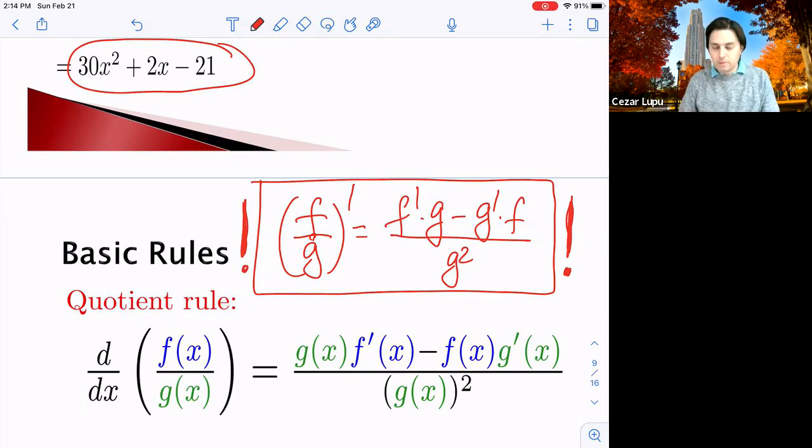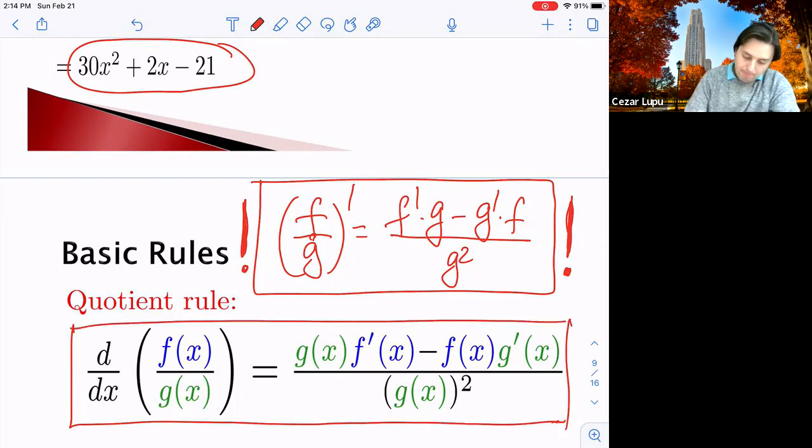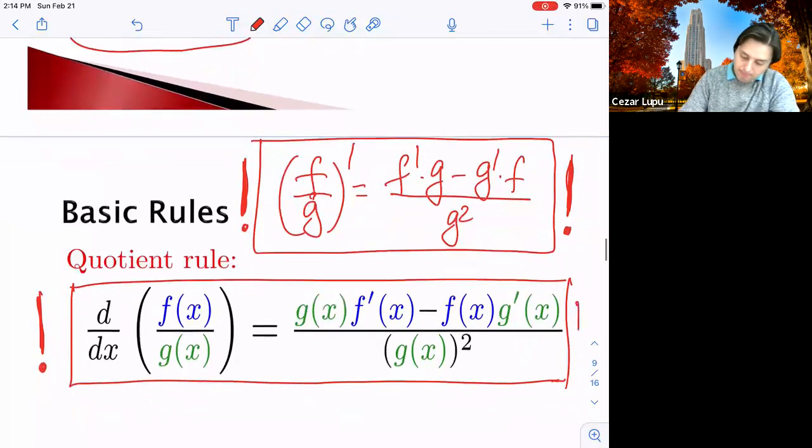Anyway, I'm not going to go into the proof of this, but that's the rule, and you will see it here as well. All right.